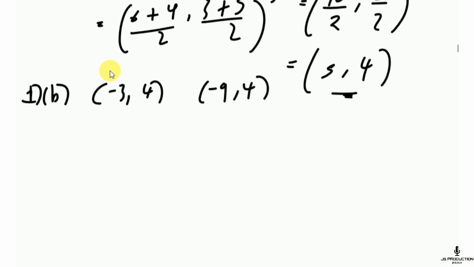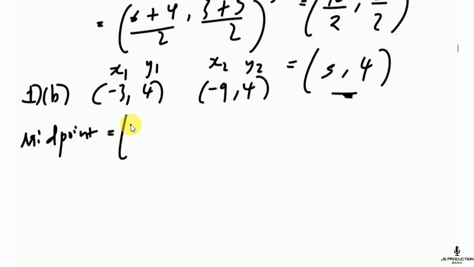You're also supposed to write your x2 and your y2. So this is my x1, this is my y1, this is my x2, this is my y2. And after that I'm going to write down the formula. Midpoint is equal to x1 plus x2 divided by 2, comma, y1 plus y2 divided by 2.